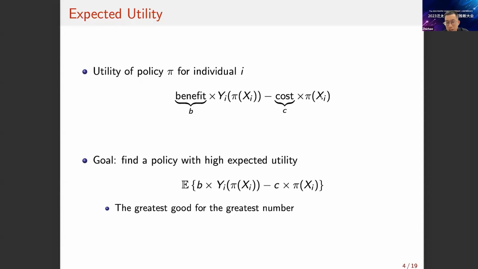But since we focus on the expectation, it's still possible that for some of the units, the decision leads to an undesirable outcome. This classic utility function works well in many problems, but may lead to controversy in some high-stakes settings.